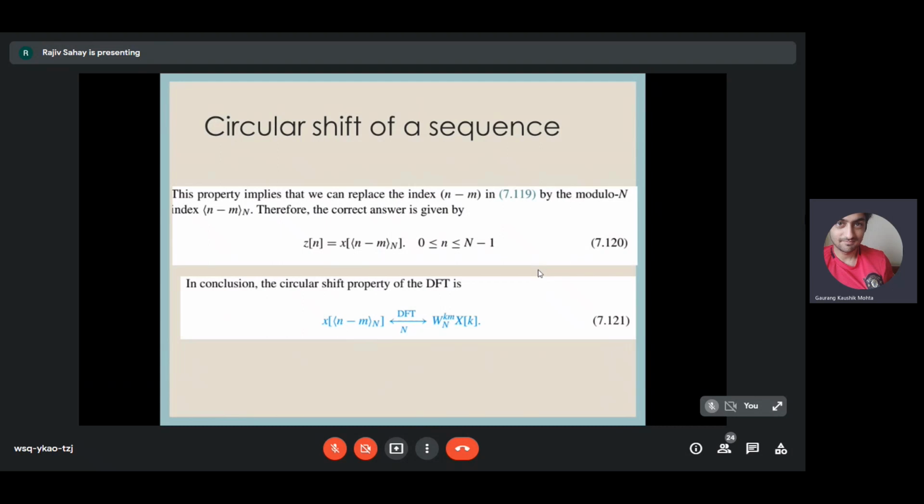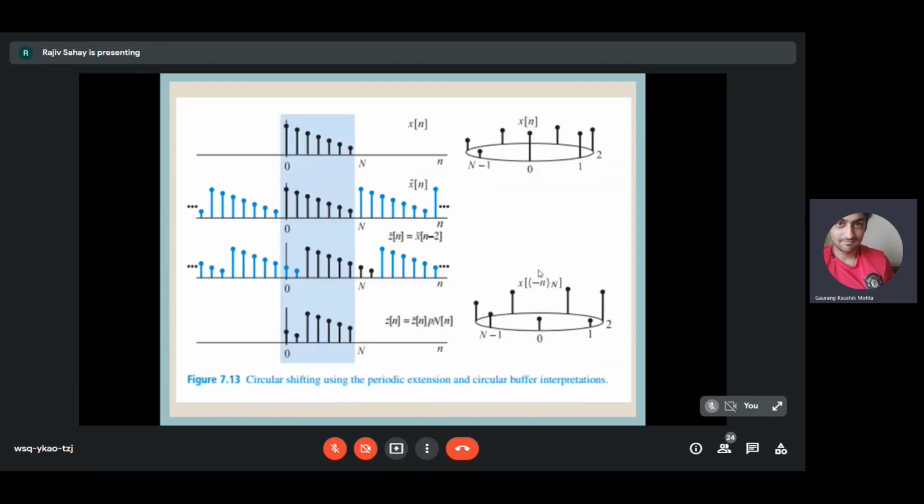Yes. Okay. So this is the diagram for circular shifting. What happens in circular shifting? Let us look at the first diagram, that is x of n. Then you get the periodic replication or the periodization of x of n as x tilde of n. So you have infinite chunks, capital N length long, that is x tilde of n.